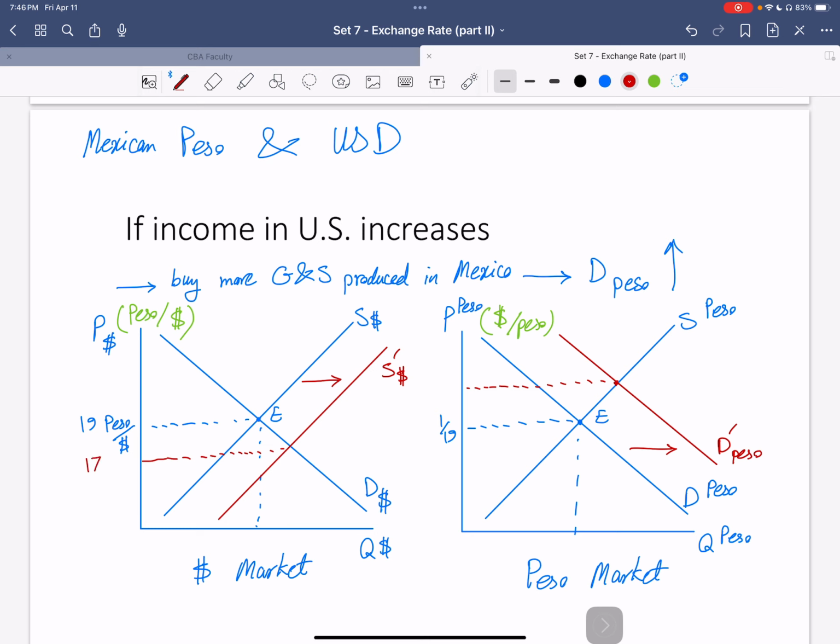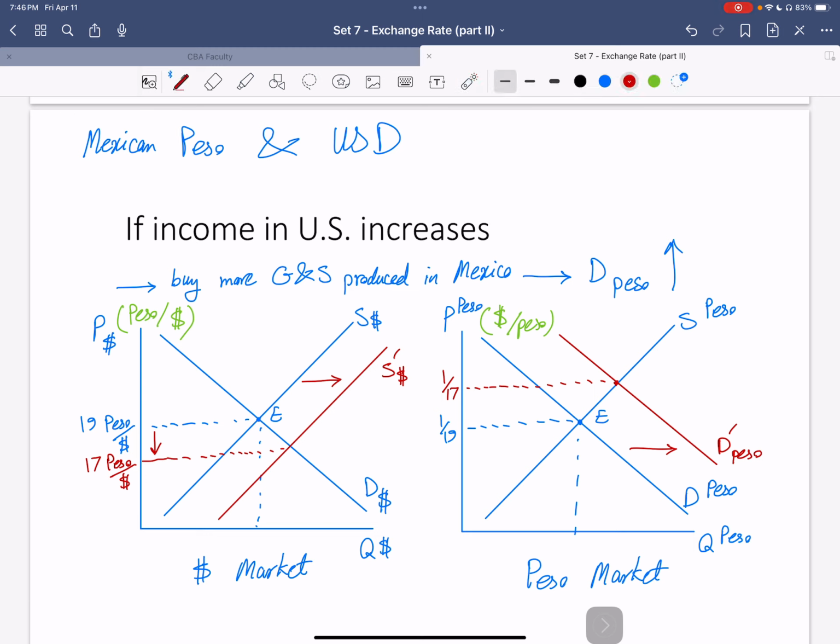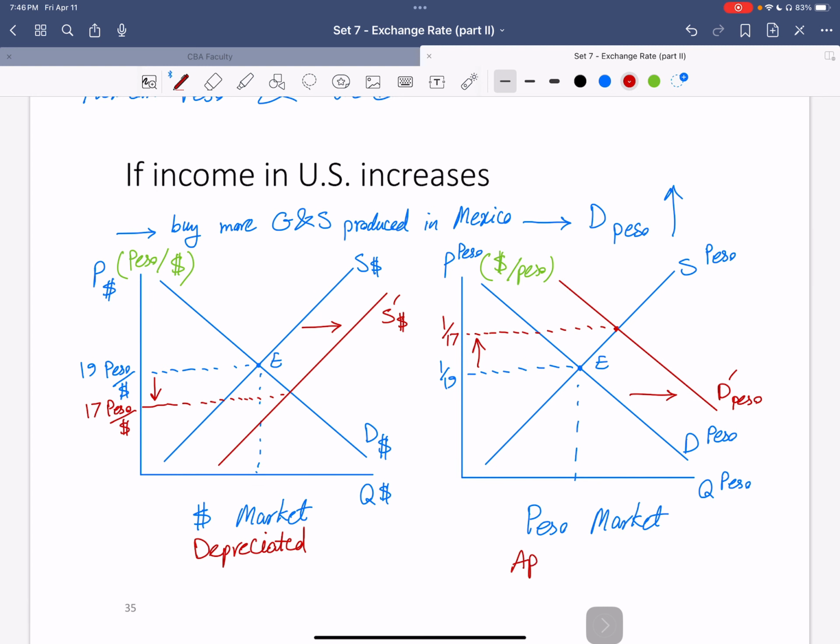Let's say this is 17 pesos per dollar. So this will be 1/17. So see what happens when the income of the US citizens increased: the dollar depreciated and the peso appreciated.